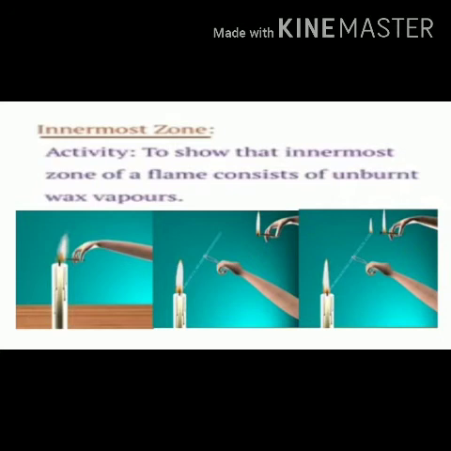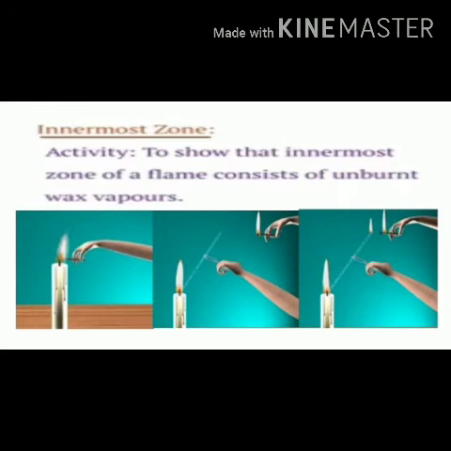After lighting it, hold a thin glass tube with a pair of tongs and introduce one end of that glass tube in the innermost zone, that is the dark zone of the candle flame. Now light a matchstick again and bring it near the other end of the glass tube and observe carefully. You will find that the other end of the glass tube also catches fire.